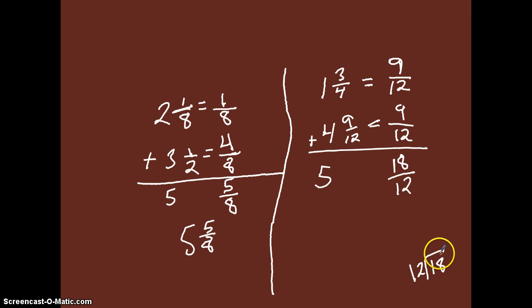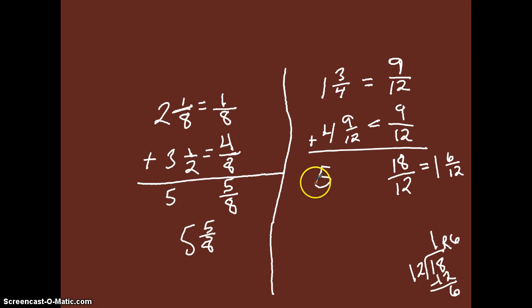We know 12 will go into 18 one whole time. So that's going to be our whole. And 1 times 12 is 12, and 18 take away 12 is 6. So our remainder is going to be 6, and this will be our numerator. And our divisor here will remain as our denominator. So this can be converted to 1 and 6 over 12.